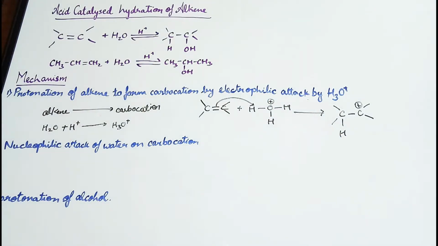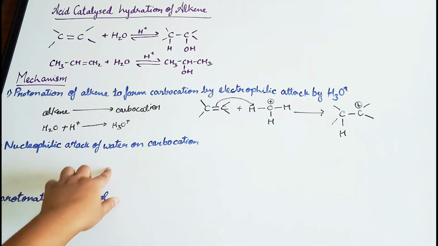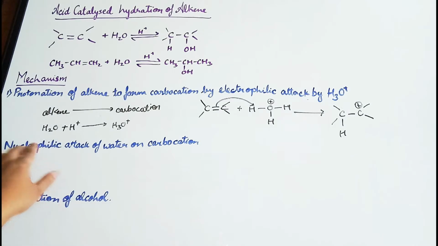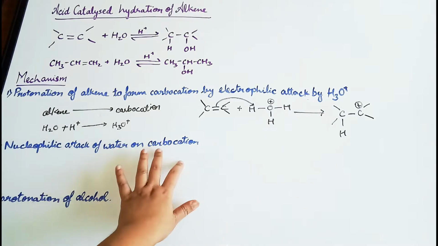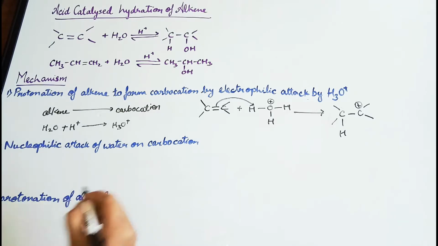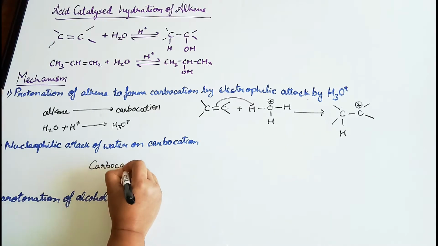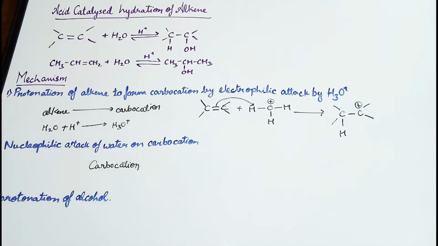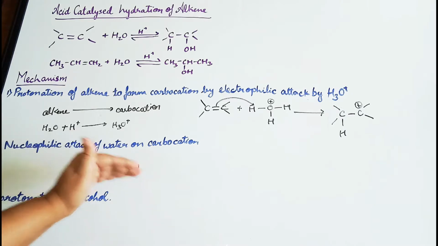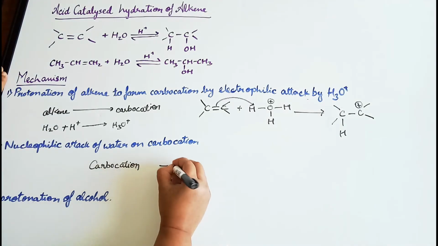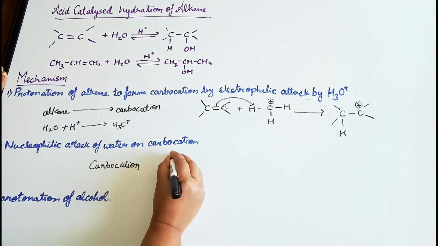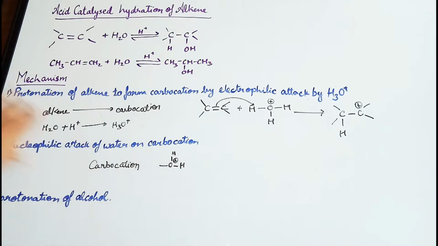Next, what is happening is the water molecule is going to attack as a nucleophile on the carbocation. So here what will happen is the carbocation is undergoing a nucleophilic attack, and that leads to the formation of basically the carbocation, which has the OH2, the water molecule, attached to it.